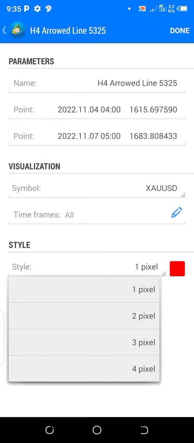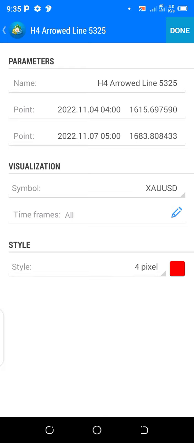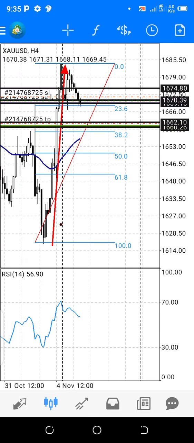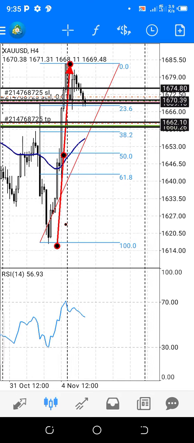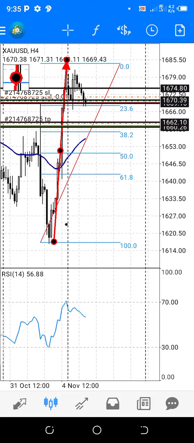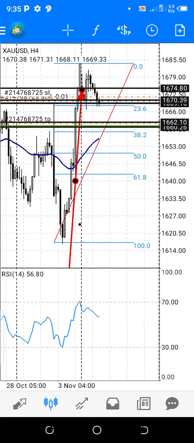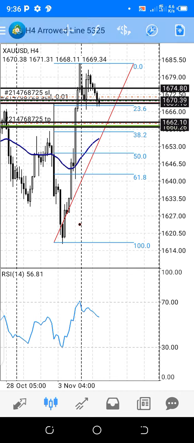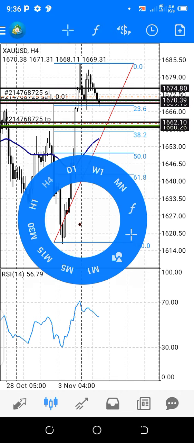After this long run, you can see the market is responding. After the long run, the market is responding. So that's what we saw there.